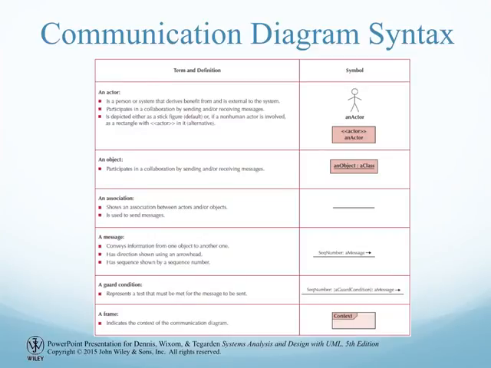Instead, it's going to have the associations between the two classes. So it'll be a straight black line with no arrow between the two actors or classes that send and receive messages from each other. In other words, if there's no time that these actors or classes communicate with each other, there will be no association. Otherwise, the rest are essentially the same.